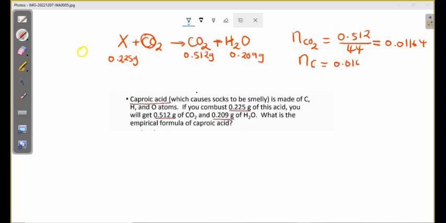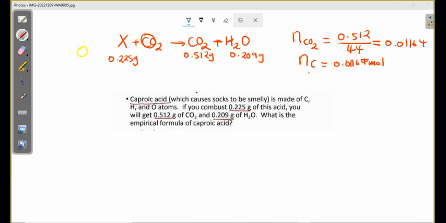So to get the mass of carbon that is used, 0.0116. Yes, that is it. I left out something. Okay, now let's find the mass. Mass is given by number of moles times molar mass.